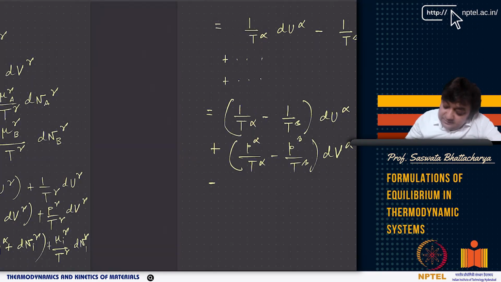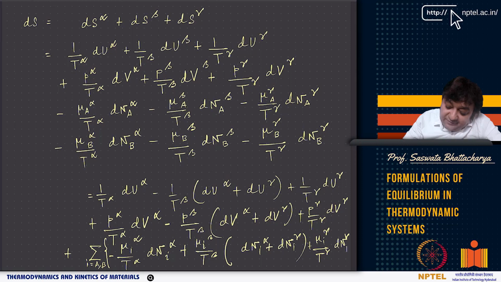minus, so this was minus mu A alpha by T alpha dNA alpha, and then you have mu A beta by T beta, and this will be dNA beta, which is substituted by dNA alpha and dNA gamma, and you have minus dNA alpha.